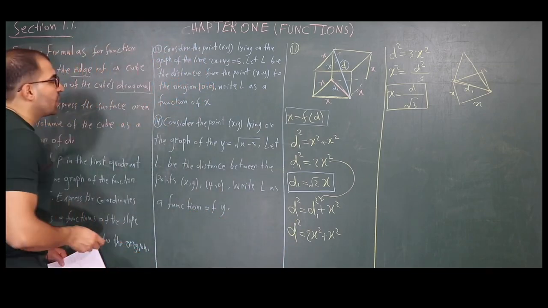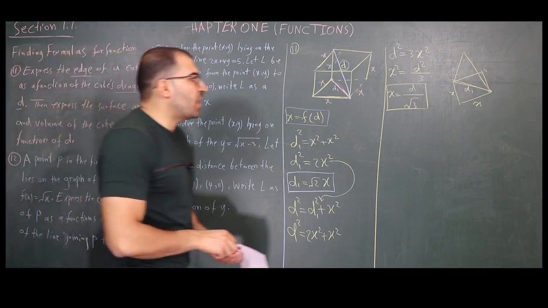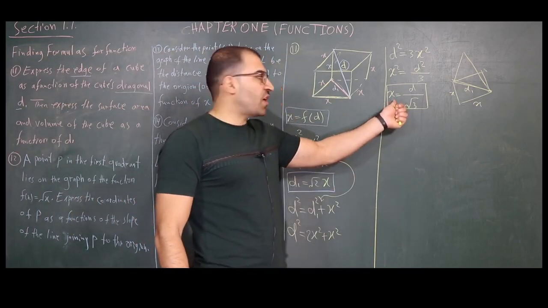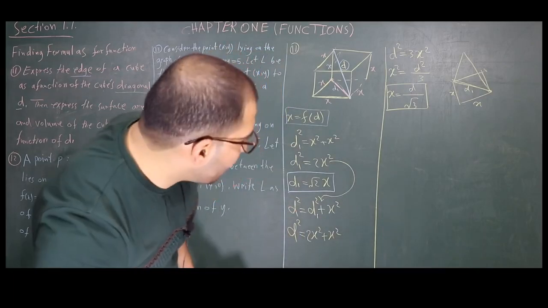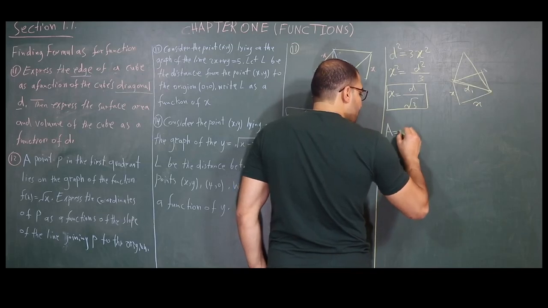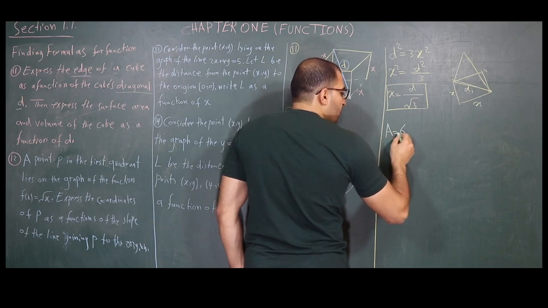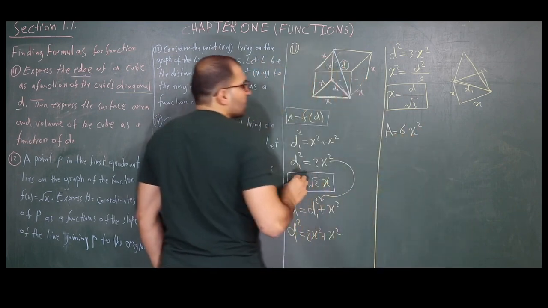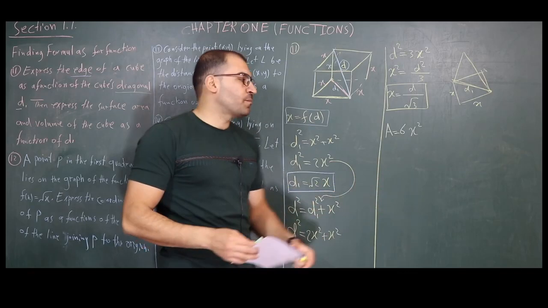Now the other thing that I need to find: then express the surface area and the volume of the cube as a function of d. As soon as we found the expression of the edge of the cube as a function of d, it's straightforward to express the area. The area will be the area of 6 squares, so 6 multiplied by x squared, since the area of a square is just x squared.